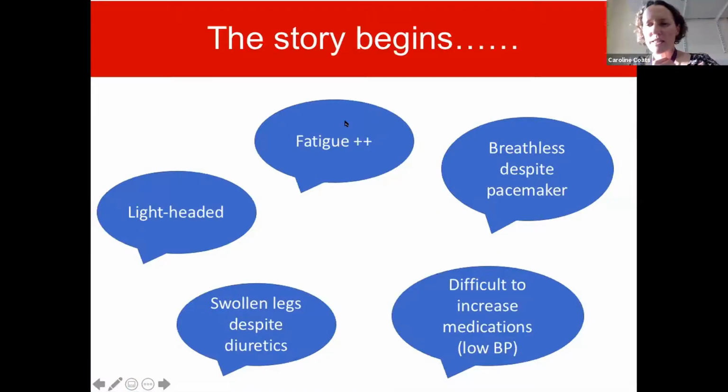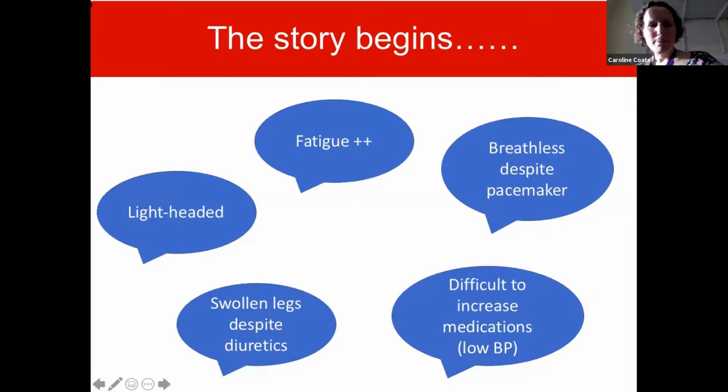He was very tired. He'd been lightheaded. He'd been diagnosed with heart failure, but the standard treatment wasn't working. He had really swollen legs and really low blood pressure. And it had been difficult to help with medication because his blood pressure was too low to increase the doses.